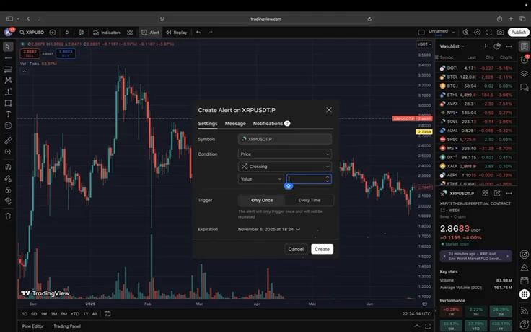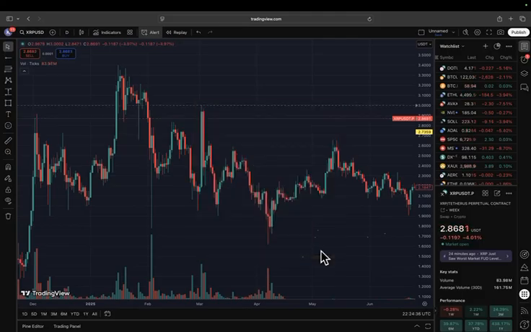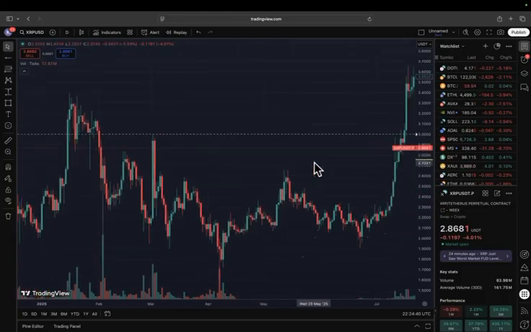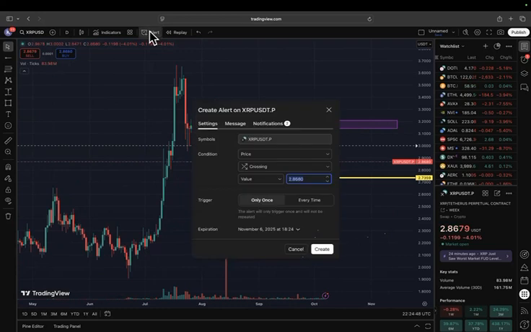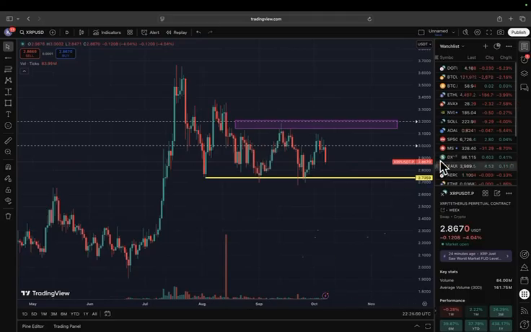You just put $3. It will alert you whenever price gets to that level. Maybe it's your level of interest. Let's say this is the top of the box. When price gets to $3.2, it will alert you. Whatever you want, guys, that is up to you.